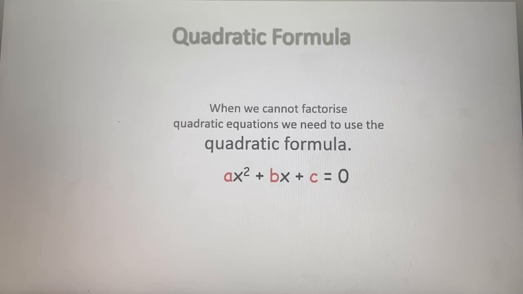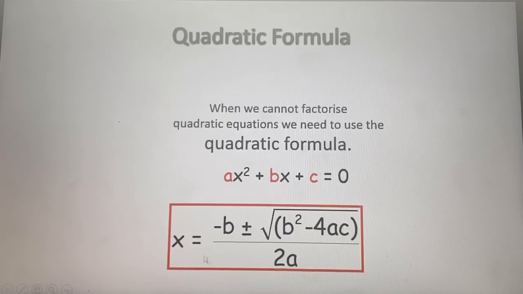Okay, so the quadratic formula, now it's very important, the numbers that go into our formula come from an equation that we're given. So our ax squared plus bx plus c equals 0. This a, b and c, the numbers in front of the x squared term, the number in front of the x term, and the number on its own are the numbers that we use for our formula. And our formula is this one here. And again, remember, you're given this formula.